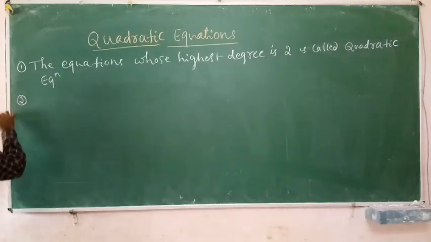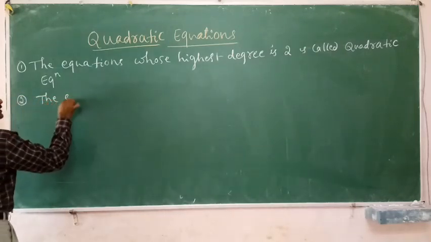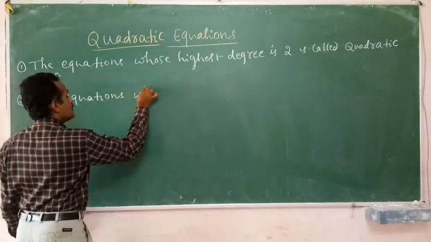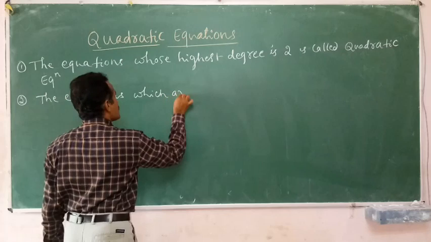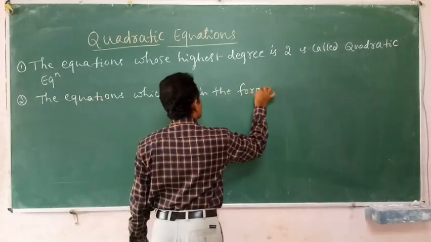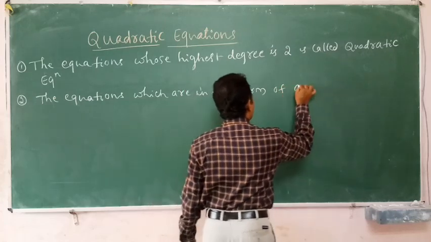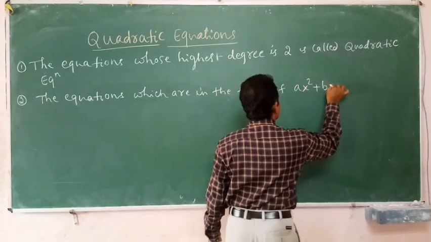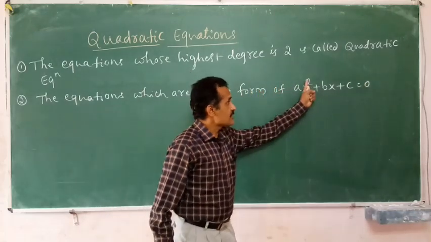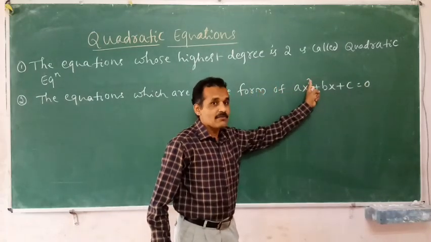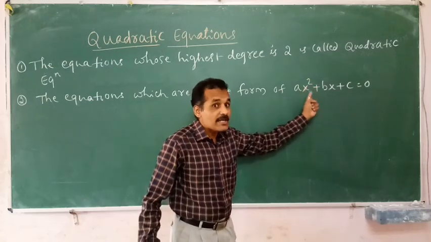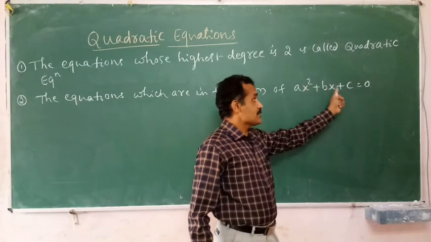The second way of defining: the equations which are in the form of ax square plus bx plus c is equal to 0. See, highest degree is 2. x square, x is the variable, highest degree is 2. No doubt, this is called a quadratic equation, but it must be in the form of ax square plus bx plus c is equal to 0.